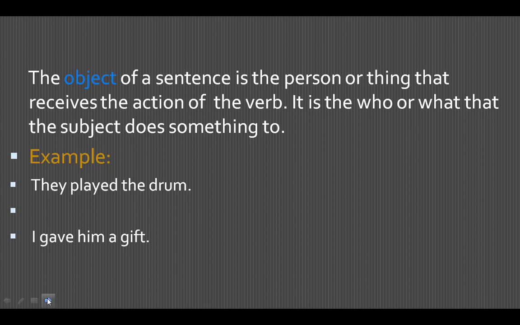Okay, in the next sentence: I gave him a gift. In this sentence, there are two objects, him and a gift. So, there are two types of object, direct object and indirect object.